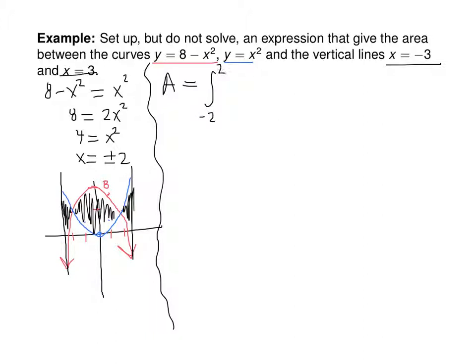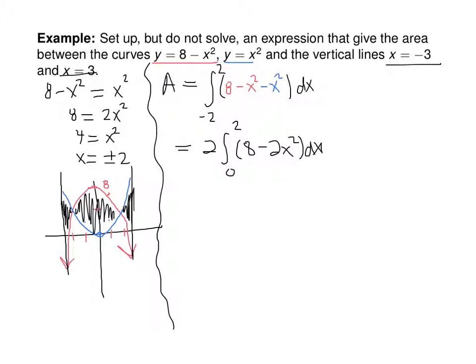Negative 2 to 2, the curve that is greater on that interval is the 8 minus x squared, minus x squared. Now because this is an even function, and you can see this in the picture, one way to find this area is to do twice the area from 0 to 2 of 8 minus 2x squared.